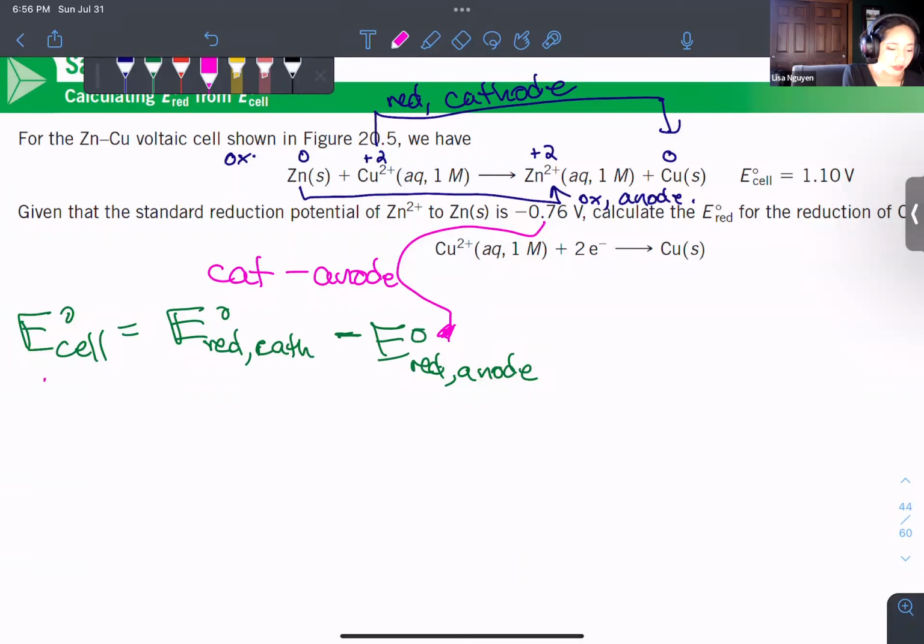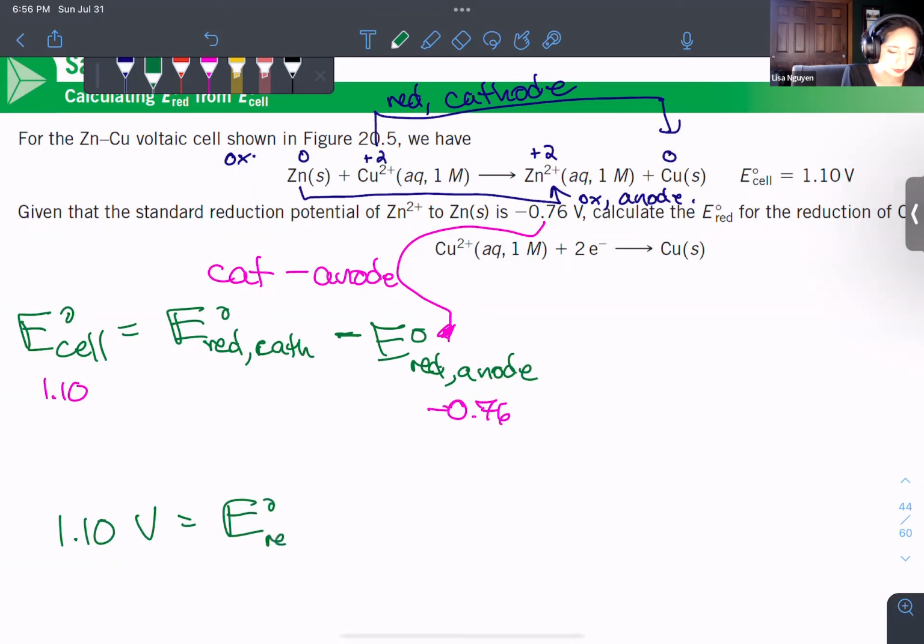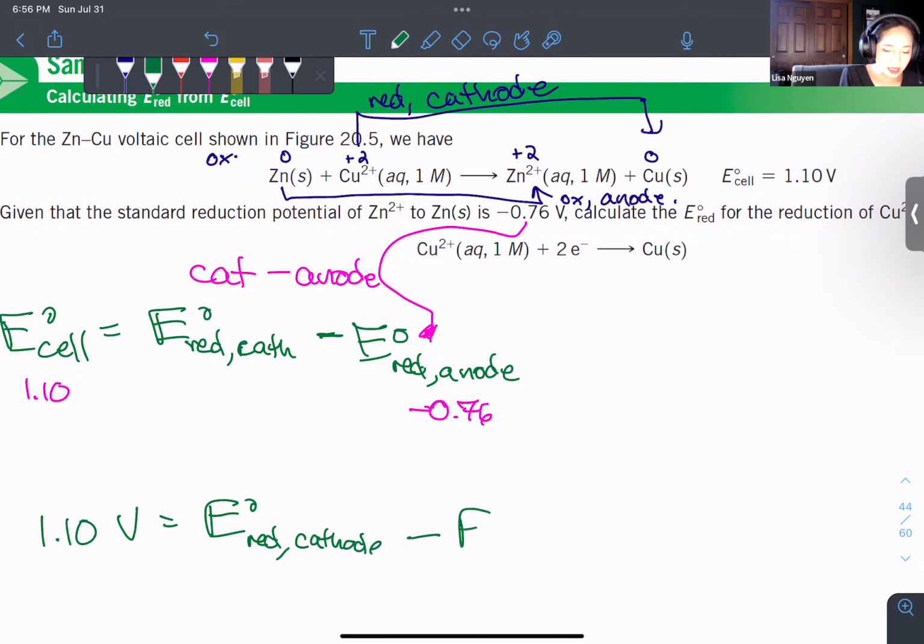So if we now put in our known values, we are given that the E cell is 1.1, and we are given the zinc value, which is negative 0.76 volts. So 1.10 volts equals the reduction potential at the cathode, the copper couple here, minus the reduction potential at the anode, which is negative 0.76 volts.